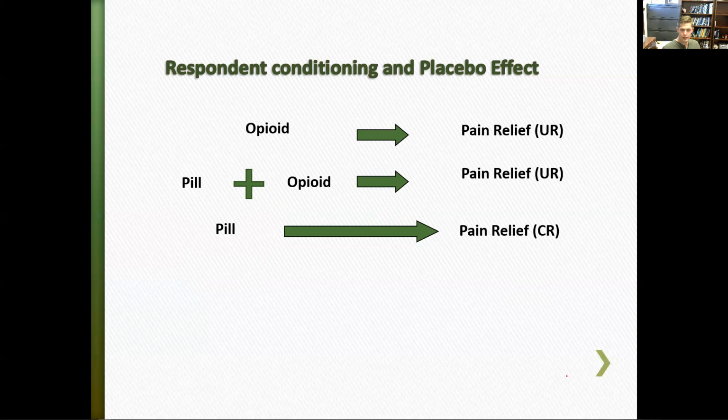So the conditioned stimulus of taking a pill is being associated with the actual drug effect of the opioid, which is producing pain relief. And then finally, the pill in and of itself, after several trials, will actually produce pain relief, whether that pill contains any opioids or none at all. The pill alone, even a sugar pill, can actually produce pain relief, thereby being the placebo effect.